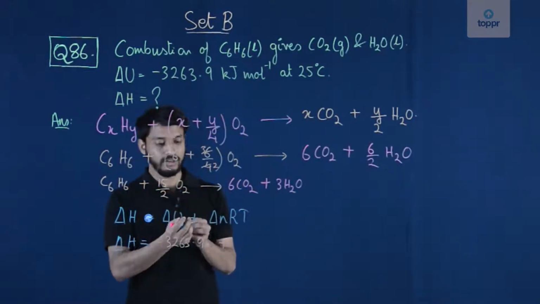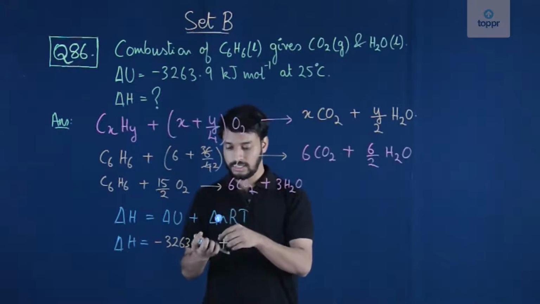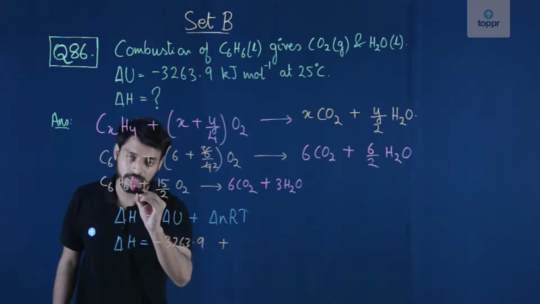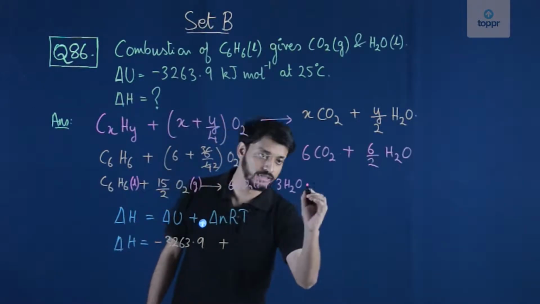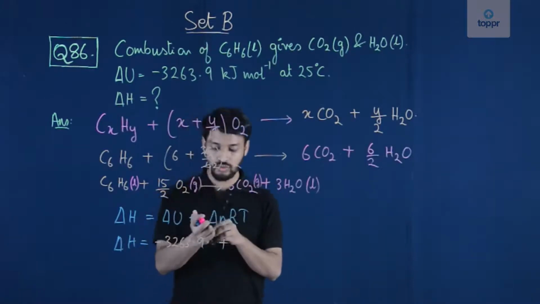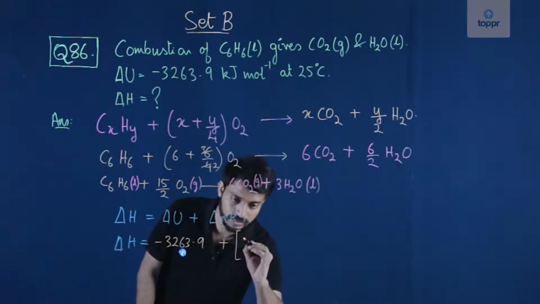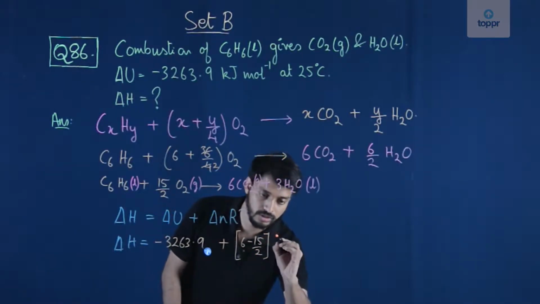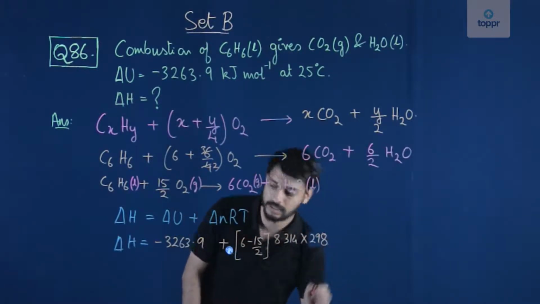For delta n, here we have C6H6 as liquid, O2 as gaseous, CO2 as gaseous, and H2O as liquid. So we get 6 minus 15 by 2, multiplied by 8.314 and 298 Kelvin.